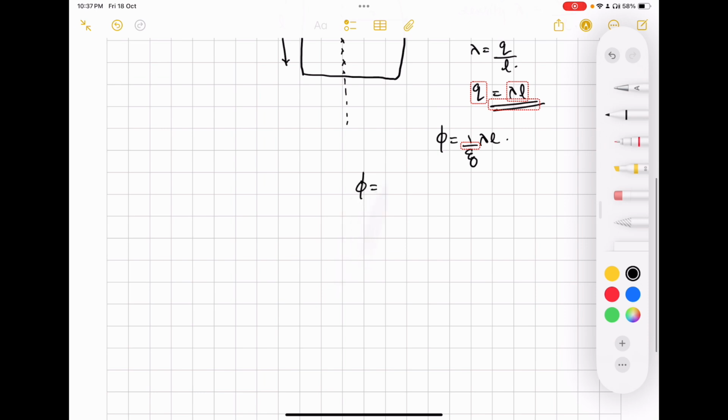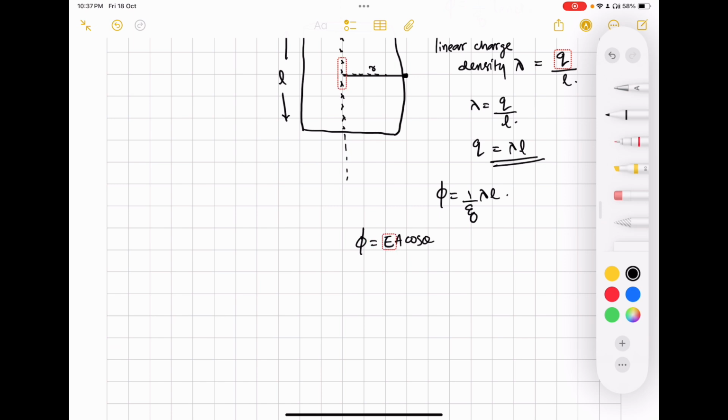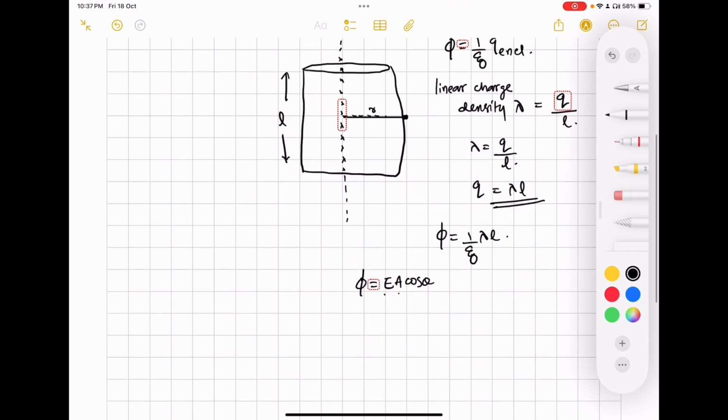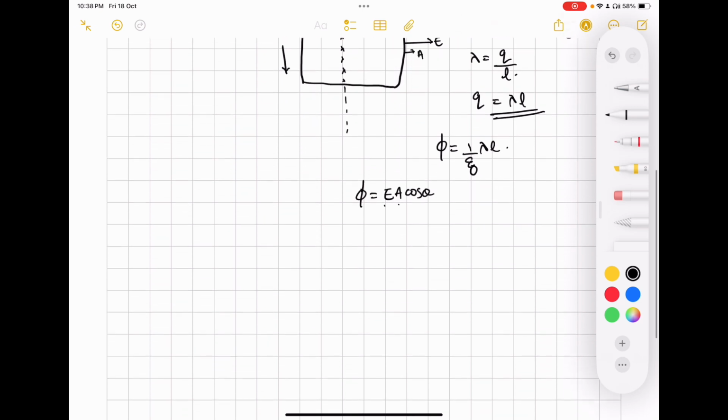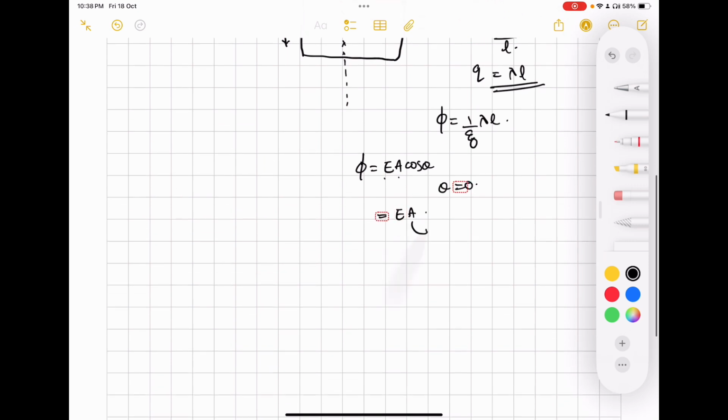We have phi is equal to E A cos theta, where theta is the angle between the electric field and the area vector. Since it is a cylinder, the electric field is radially outward, and the area vector is also the outward normal, so theta is equal to 0. So phi is equal to EA. And what is the A here?